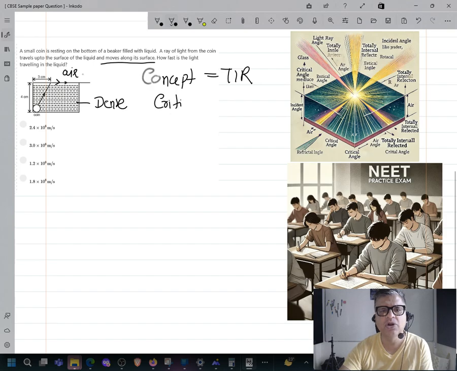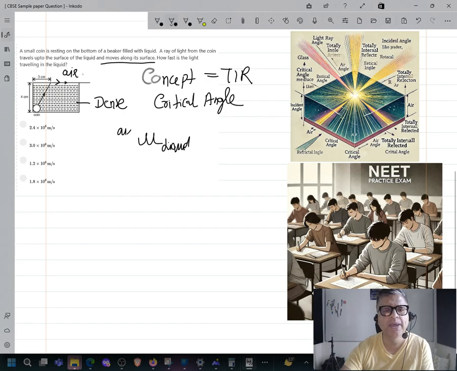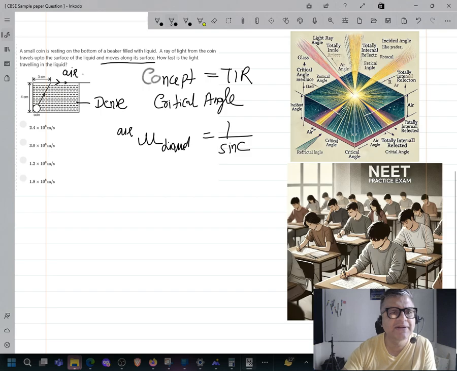So let's talk about critical angle. The refractive index of a medium, which is your liquid, with respect to air is going to be 1 upon sine of the critical angle.